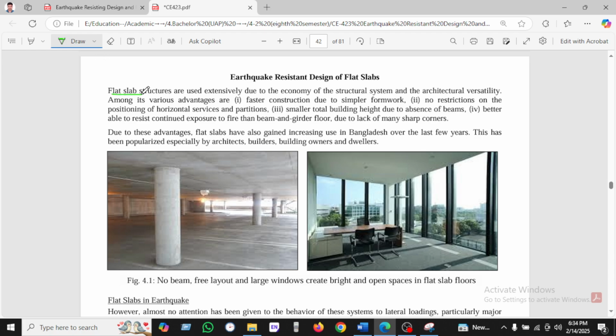Flat slabs are used extensively due to economic and structural system and architectural versatility. Among its various advantages are faster construction due to simple formwork, no restriction on the positioning of horizontal surface and partition, and a smaller total building height due to absence of beam, and better ability to resist continuous exposure and fire than beam girder floor due to lack of many sharp corners.